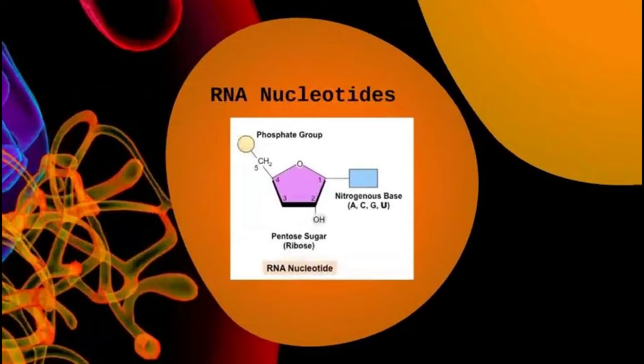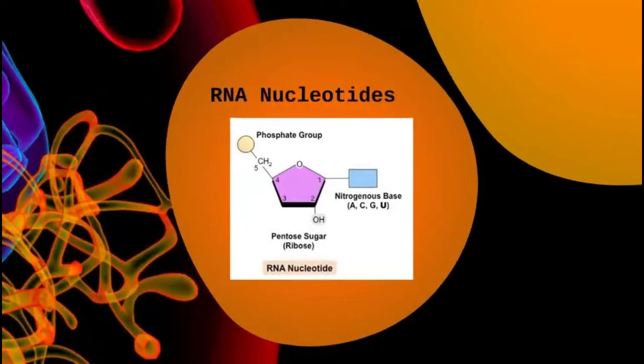So they have one base that can possibly be different. But as you can see, the rest of the structure is very similar. So we have the central pentose sugar, but this time, as the name suggests, we don't have deoxyribose, we just have ribose nucleic acid. So DNA, deoxyribose nucleic acid, RNA is ribose nucleic acid.